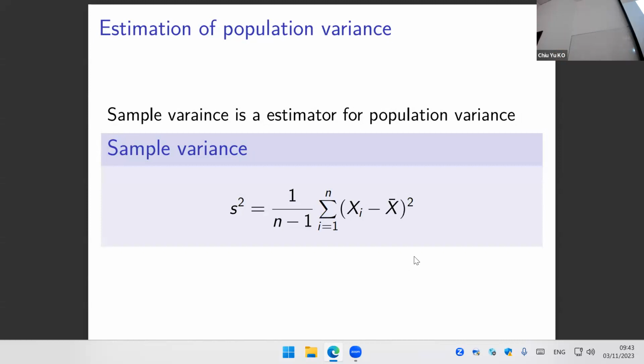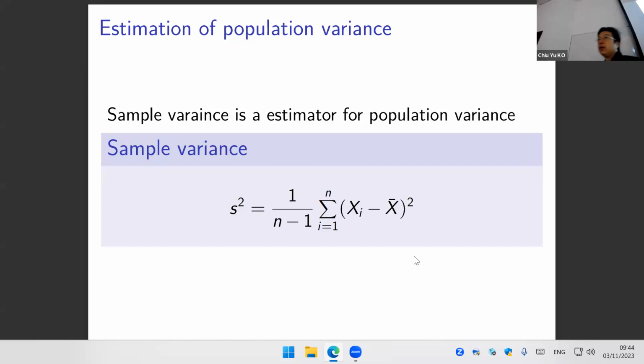Some of you may still be puzzled about why we have to divide by n-1 instead of n. One of the reasons, which I wrote in the slide, is that we have to estimate x bar. Suppose instead of x bar, we have mu there.